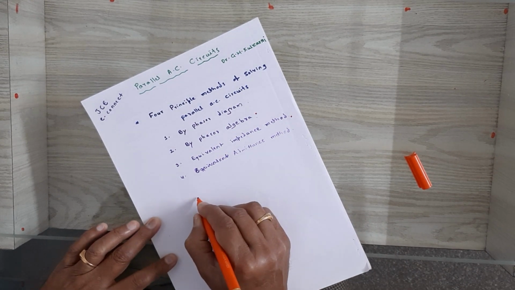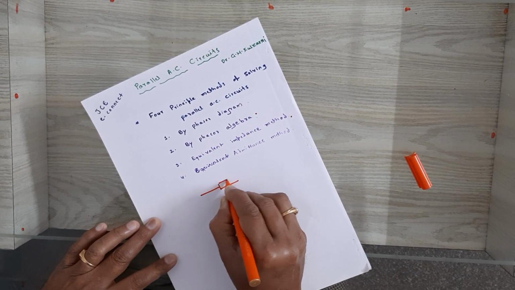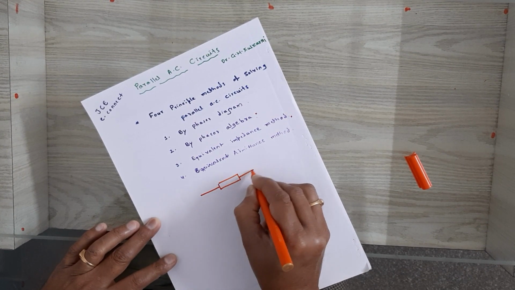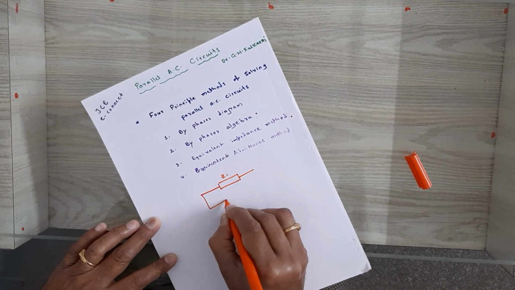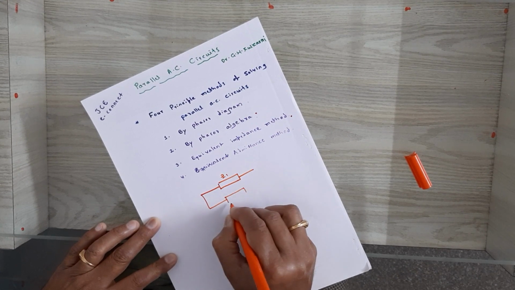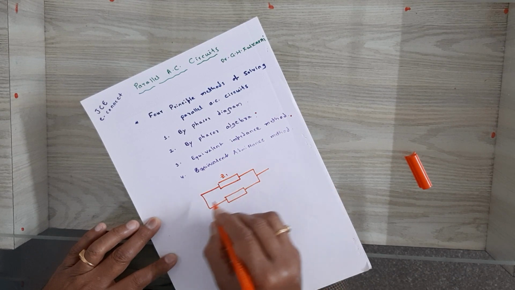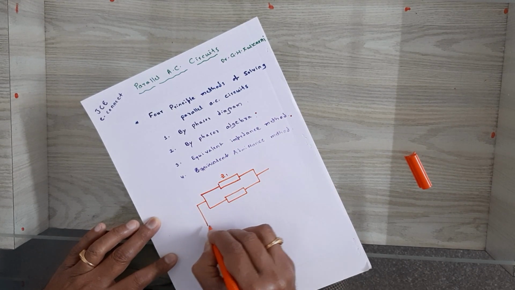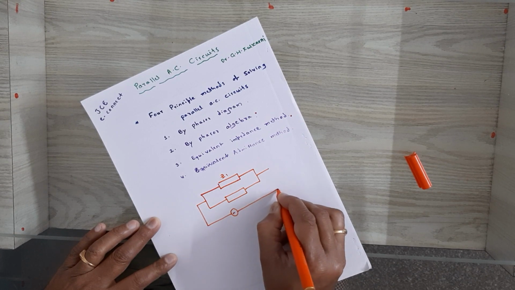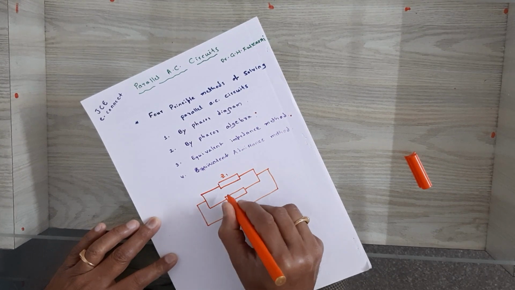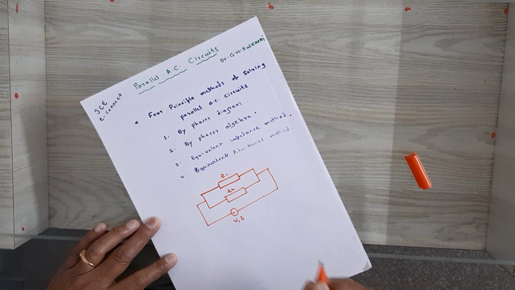For example, if there are two impedances Z1 and Z2 connected in parallel across a supply of voltage V with a frequency F.